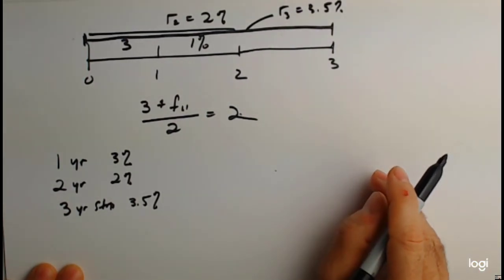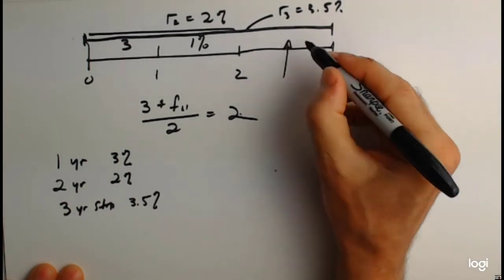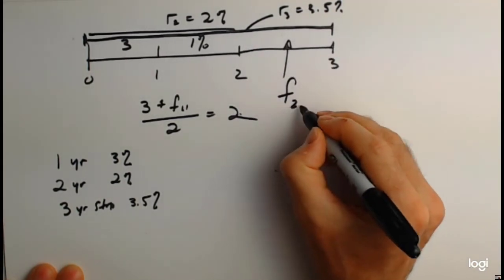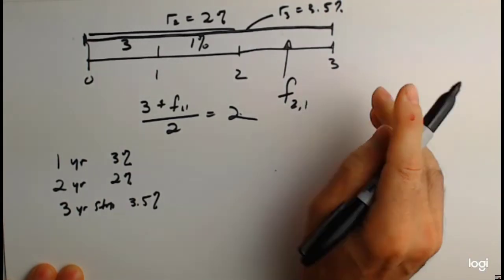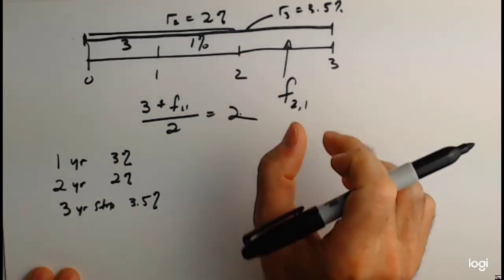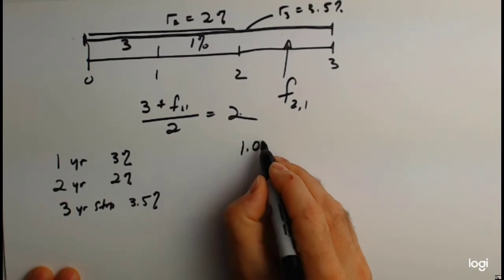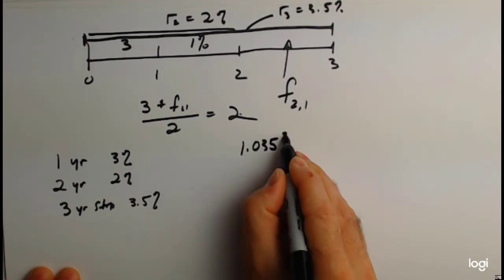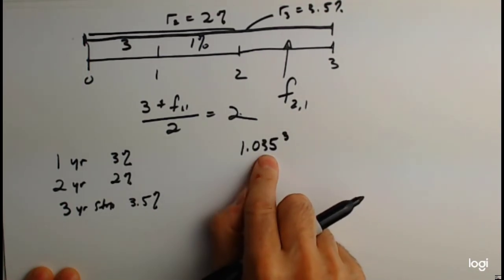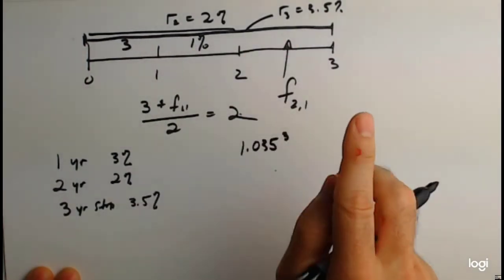The question becomes, what is this interest rate that starts 2 years from now and covers 1 period? What is that future interest rate? Well, it's going to be 1.035 to the 3rd power, because you're going to get 3.5% for 1, 2, 3 years.